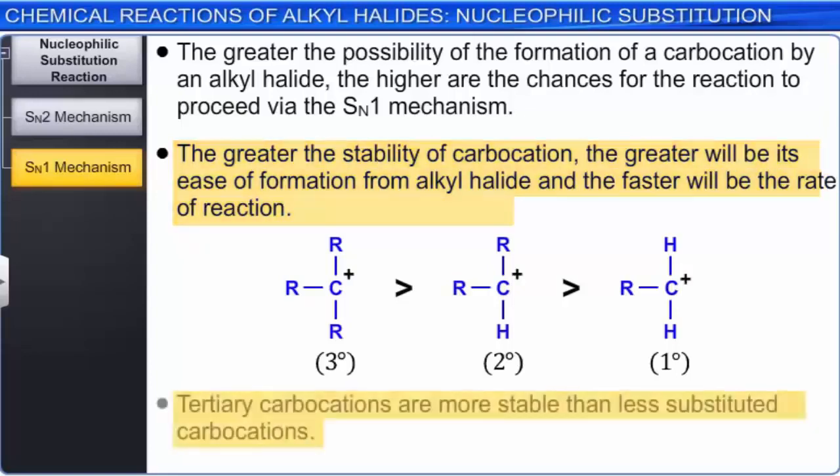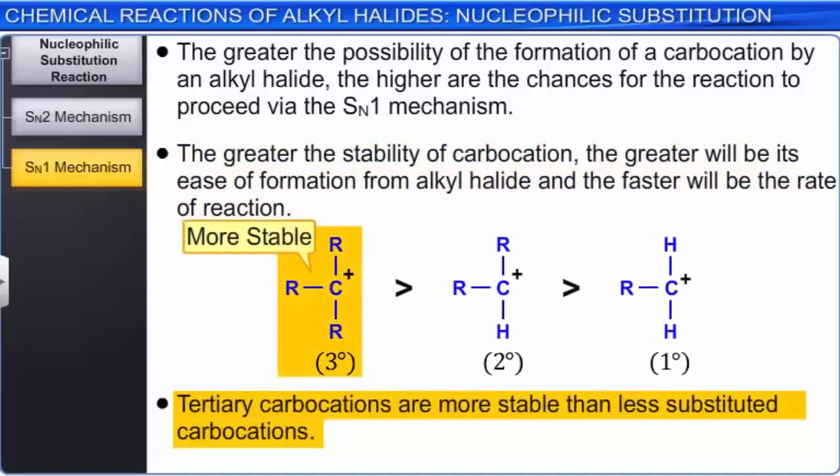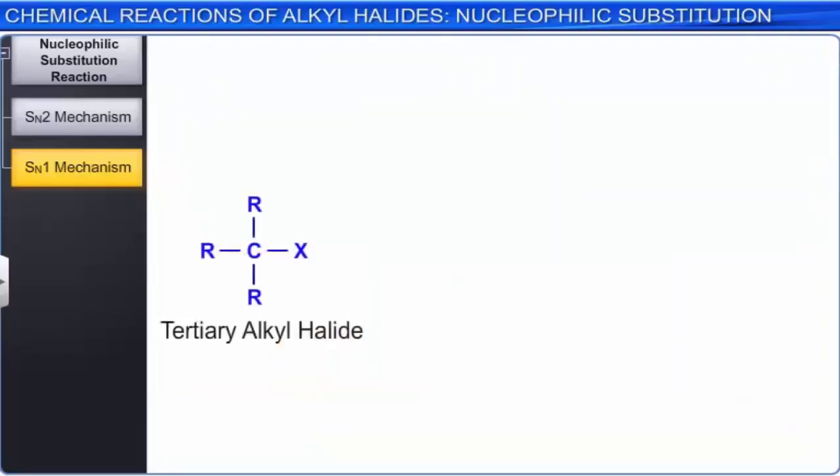Thus, due to the greater stability of tertiary carbocations, tertiary alkyl halides readily undergo SN1 reactions. Allylic and benzylic halides also show high reactivity towards the SN1 reaction.